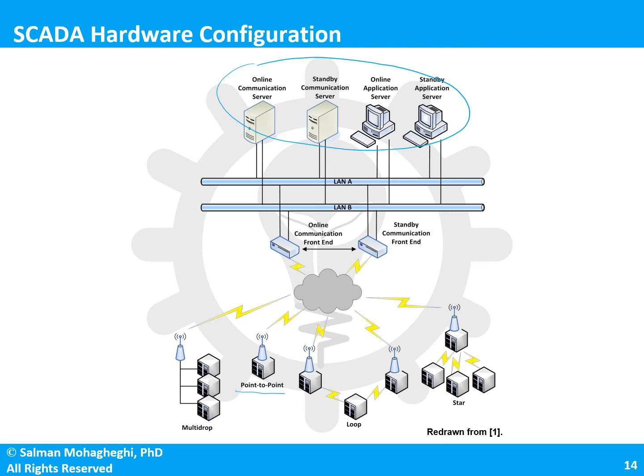But by using more resilient schemes, for example, the loop configuration or the star configuration, if let's say this path is for whatever reason not available, this device can forward its information to this RTU, and this one would pass it to this RTU, and this RTU would send it to the host computer. So this way you have a certain level of redundancy.